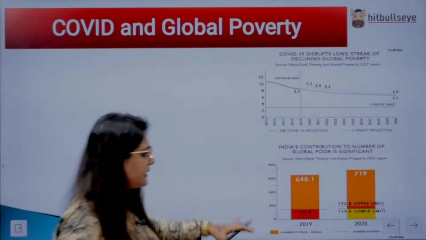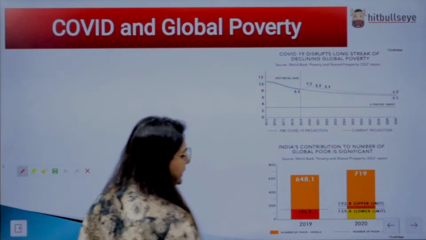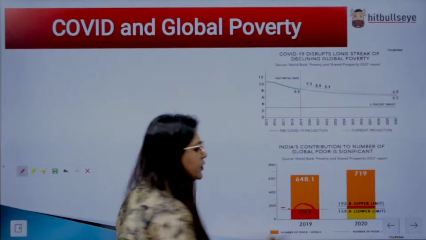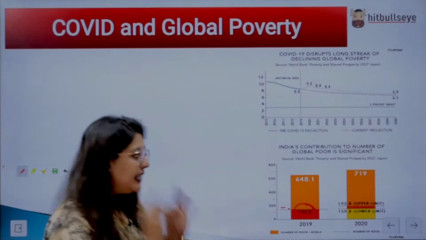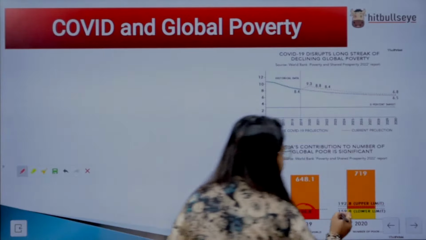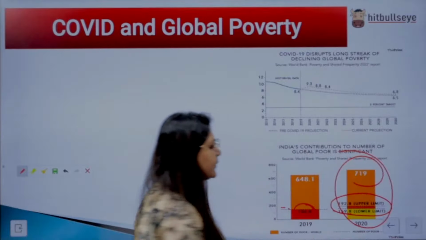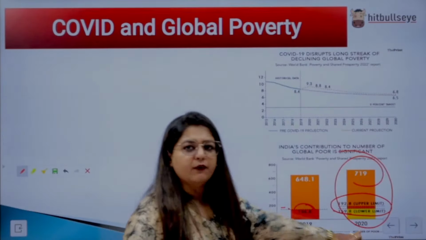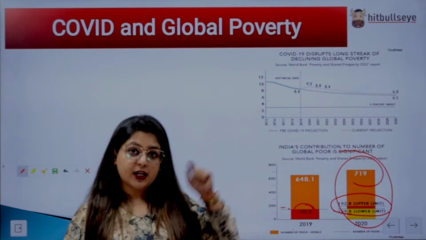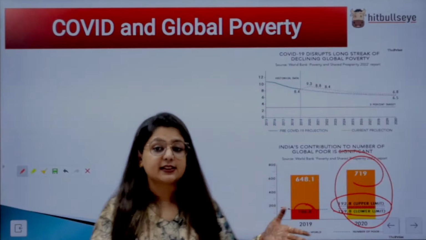According to this data, as you can see here, in 2019, 136.8 is the number for the Indian poor in the global poverty, and this is the range of the Indian poor in the overall poverty. So as you can see, over the period from 2019 to 2020, the share of India's contribution in the overall poverty has actually increased, right?